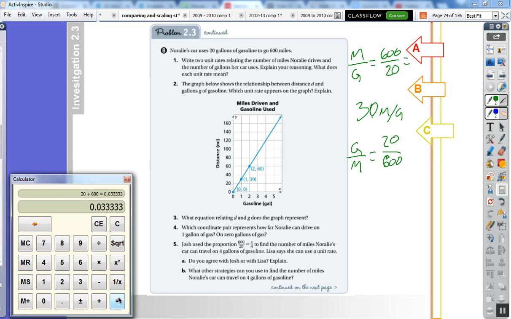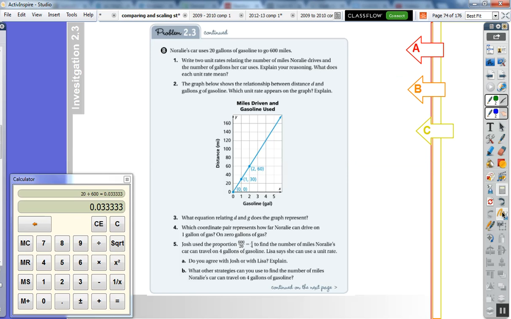For every mile, we use 0.03 repeating gallons per mile. That doesn't make a whole lot of sense to us intuitively, which is why we as a society have agreed to do miles per gallon, or kilometers per gallon if you are not in the United States, because we are the only ones who seem to want to do it that way.